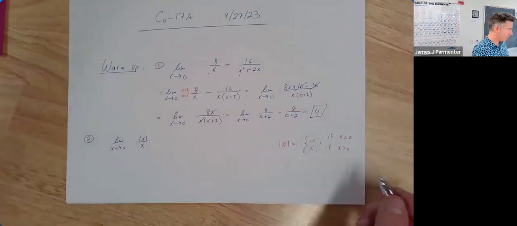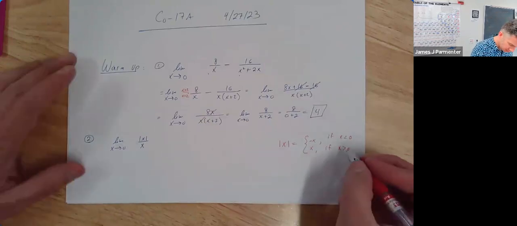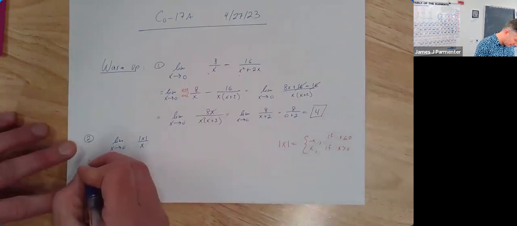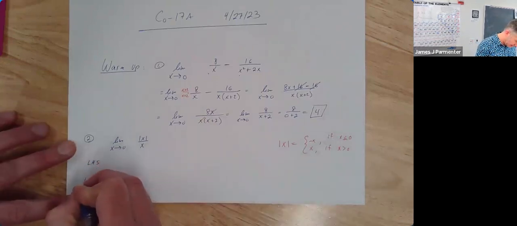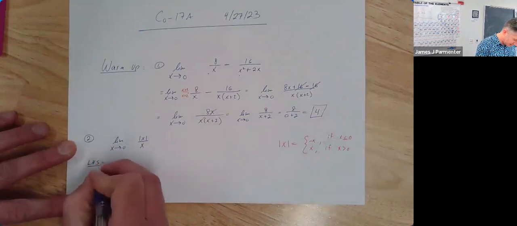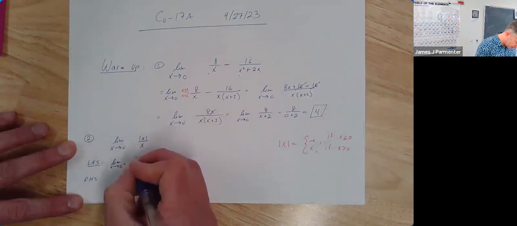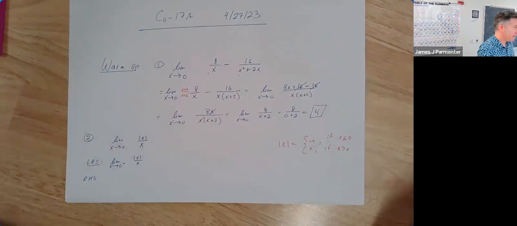And then you put the equals part on whichever part you want. It doesn't matter. I'm going to put it here. So what we're going to do is look at the left-hand side and the right-hand side. The left-hand side meaning the limit as x approaches 0 from the left of the absolute value of x over x. Okay, now let me ask everybody: if x is left of 0, is x positive or negative?